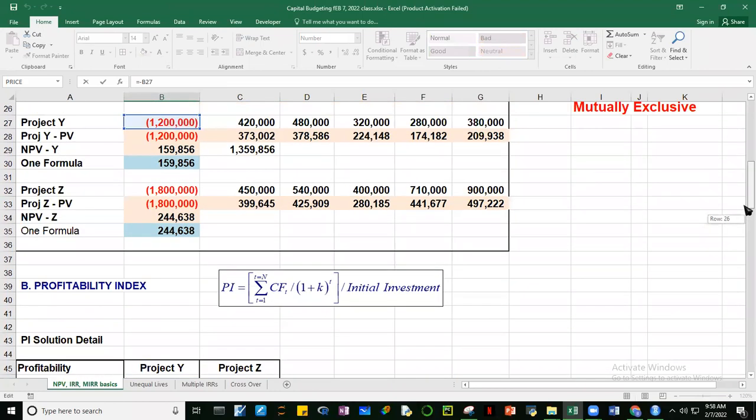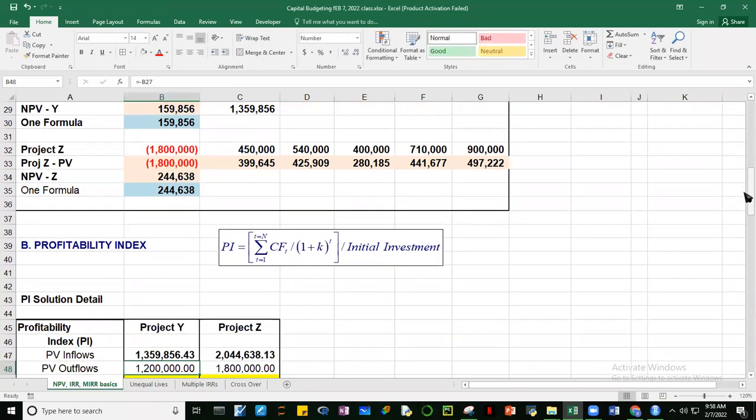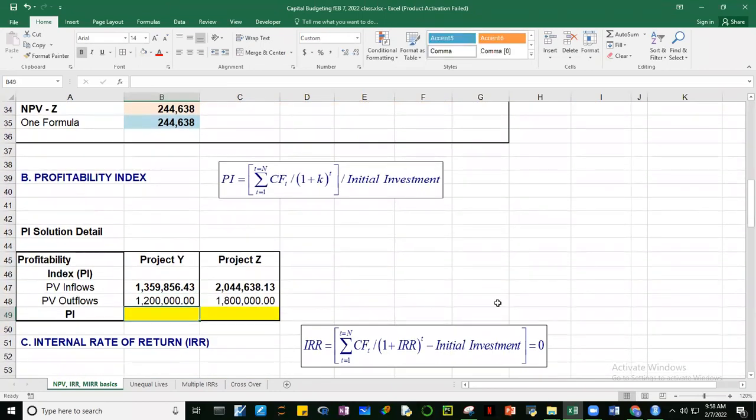Okay, for project Y, it's 1, 2. I'm removing the negative. And then we just get the ratio of your present value of your inflows divided by your outflows. You can just copy this formula.